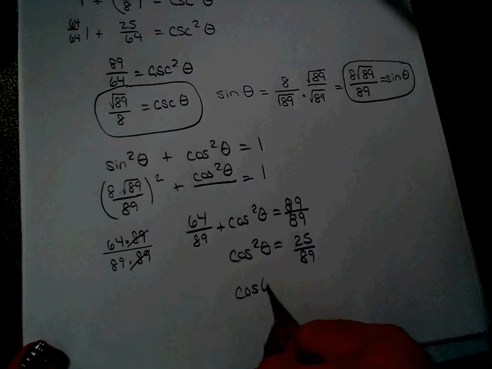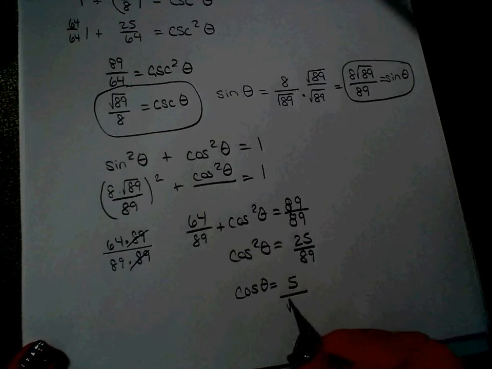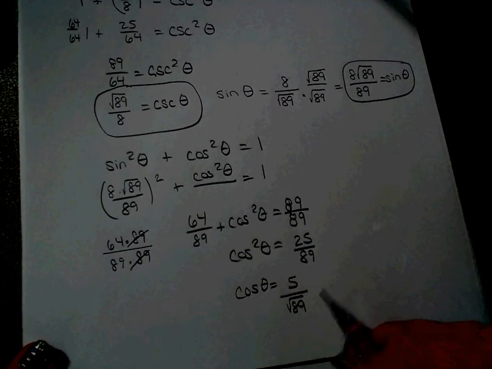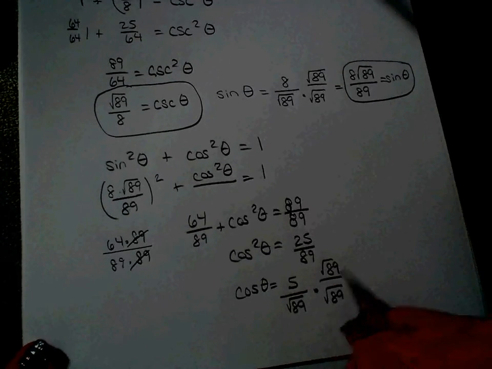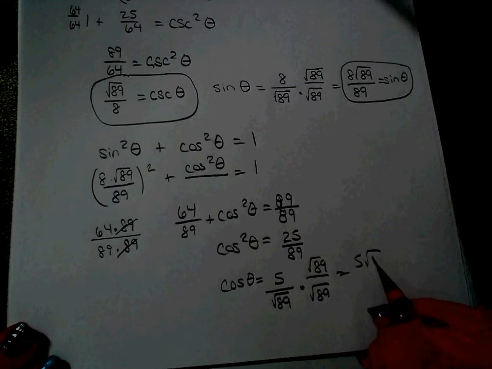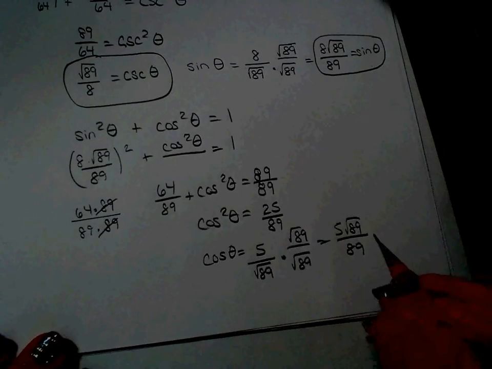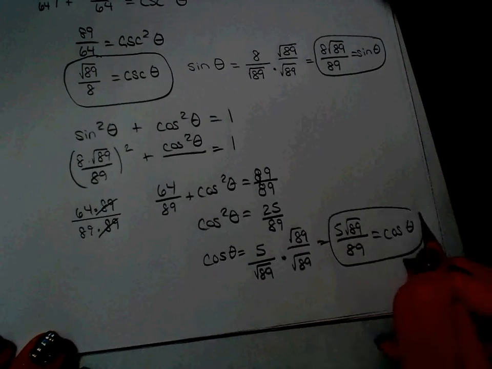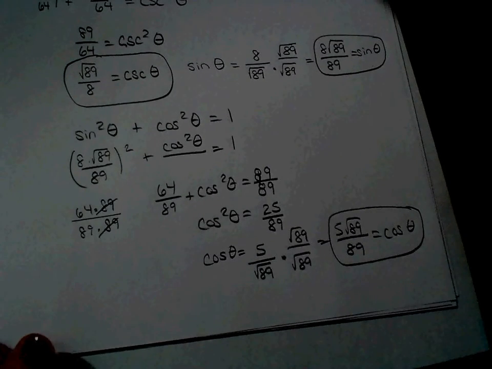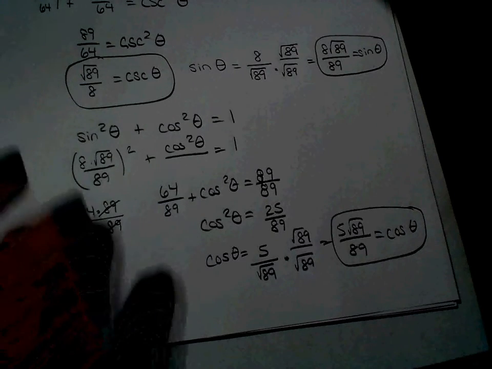Take the square root. Square root of 25 is 5. The square root of 89, I can't work, so then I fancy 1 it. And I get 5 times the square root of 89 over 89, and that is my cosine.